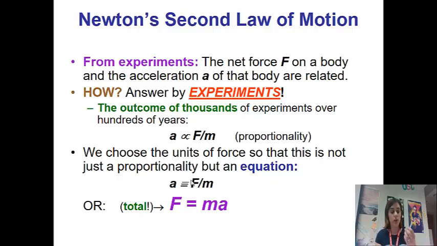mass times acceleration. So that means if you've got a force acting on a really large, massive object, it's going to produce a small acceleration. If you take that same force on a small, less massive object, it's going to produce a much larger acceleration. Hence why things like semi-trucks and trains need such greater stopping distances than a little Mini Cooper, right?